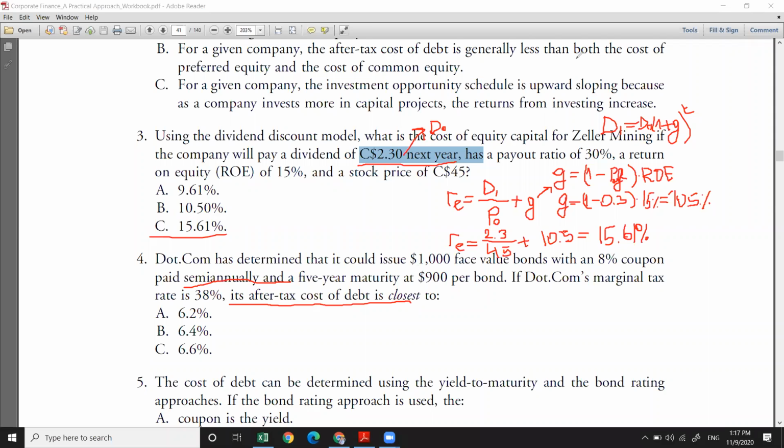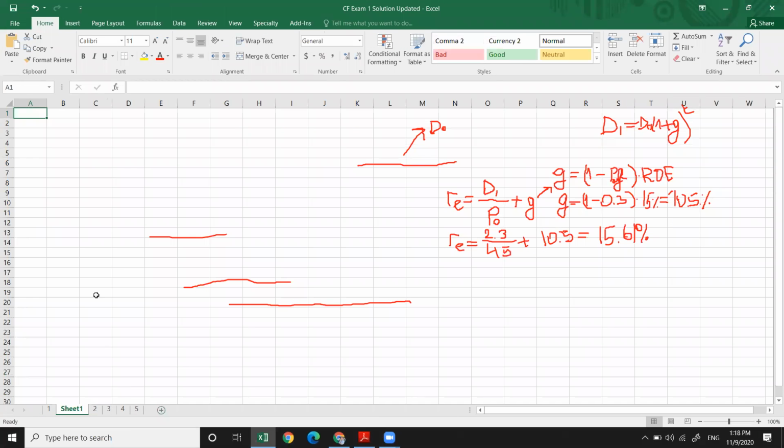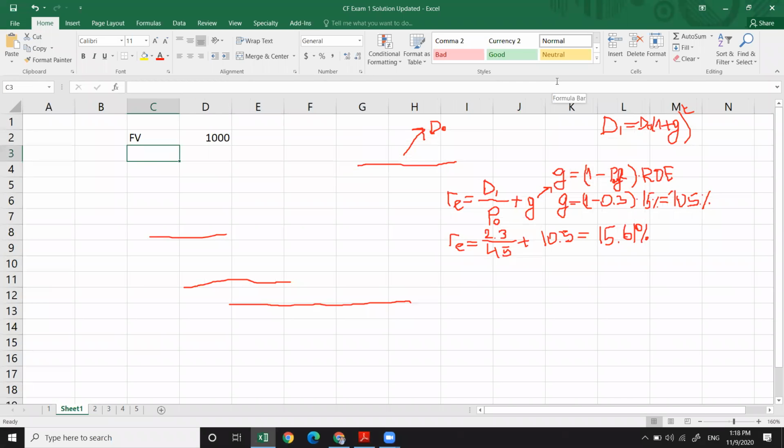So what we'll do here, we're given face value as 1,000. The present value we're given as 900. It's traded at 900. The number of periods is 10, since it's semi-annual over 5 years.